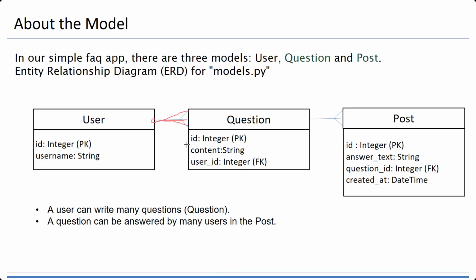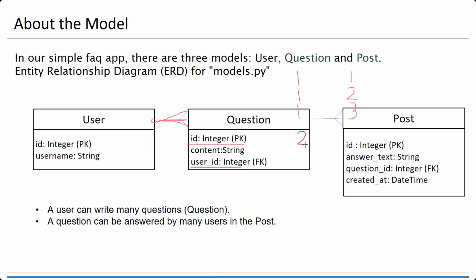It means for every ID, one ID, there should be only one user ID. Okay. So for example, user 1 can create the question on ID 1. User 1 can create ID number 2 on the question. User 1 can create ID 3.